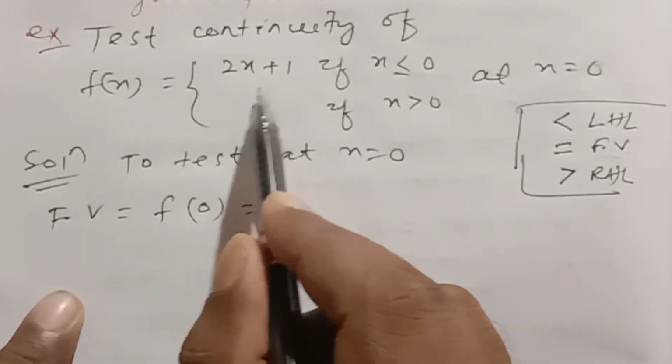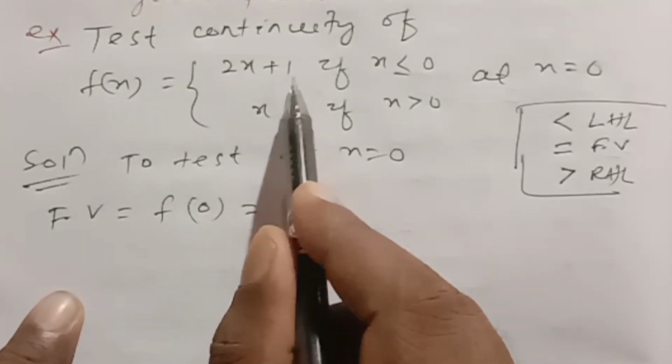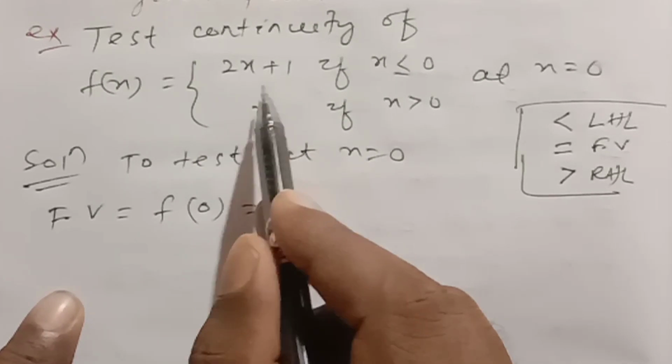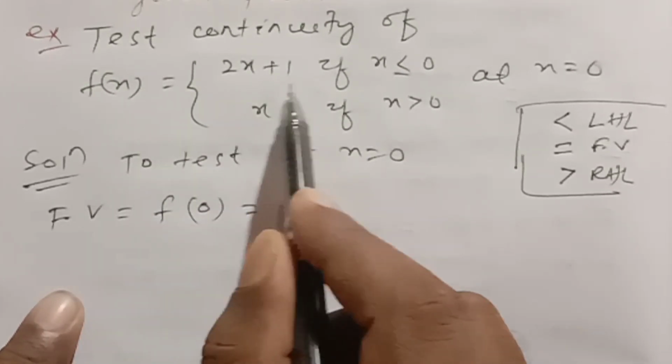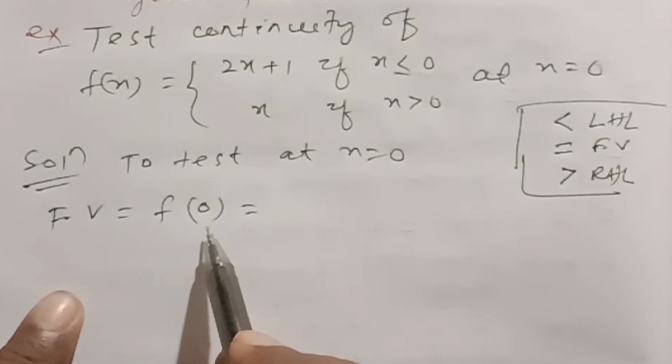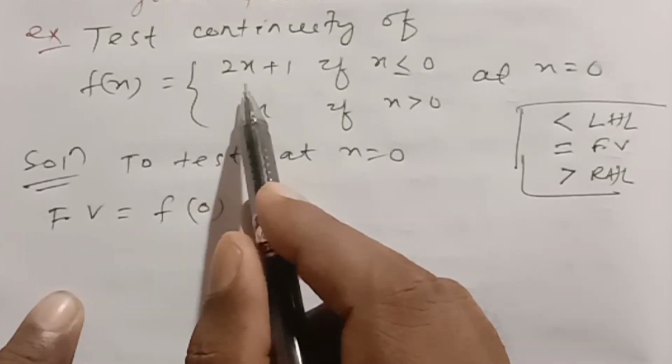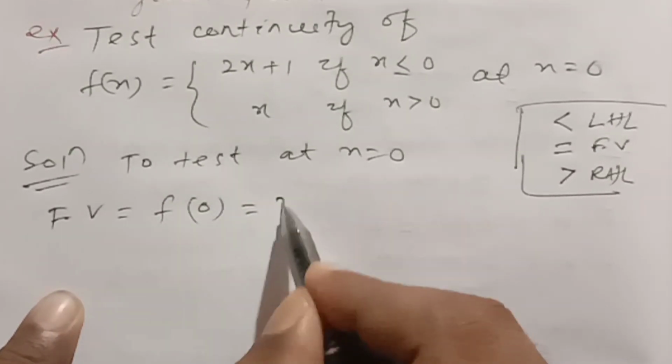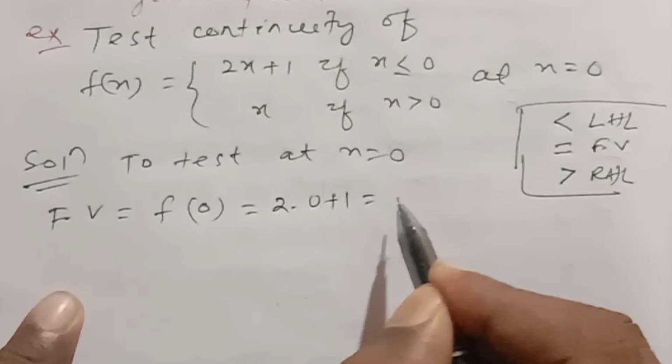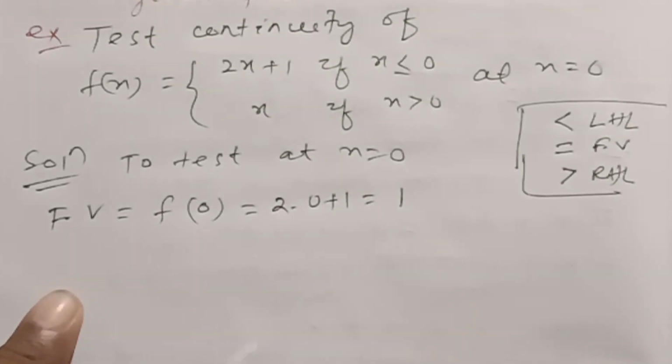So this value will give you the functional value. So if f of x is equal to 2x plus 1, then f of 0, put x is equal to 0, means 2 into 0 plus 1, this is 1. So functional value is 1.